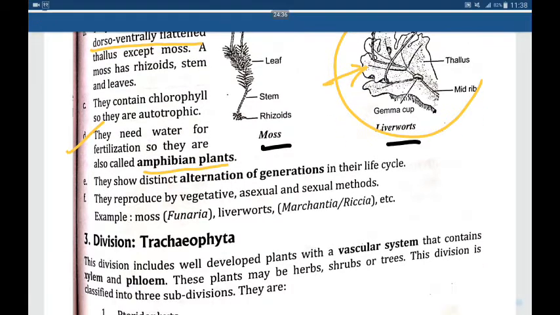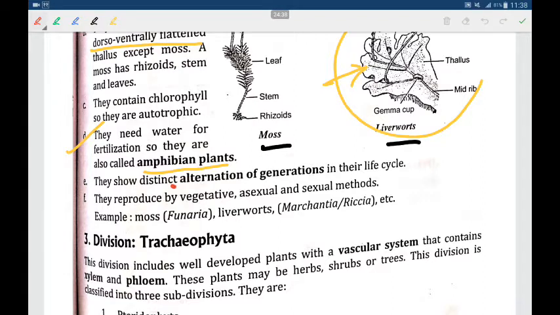Students, the next important thing is they show alternation of generation. It means in their life cycle they reproduce by the sexual method as well as the asexual method. If you talk about human beings, we reproduce by the sexual method.